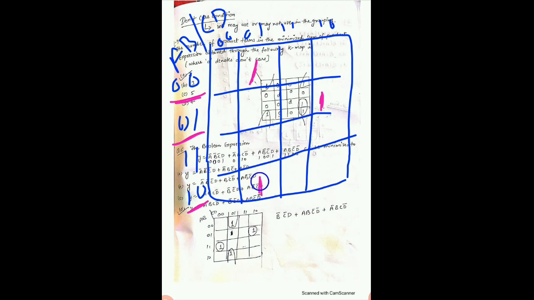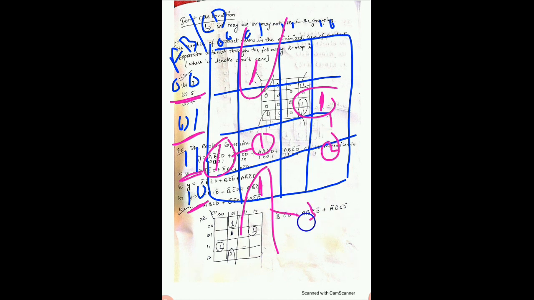Okay, now this expression is A bar B bar, and the second is C bar and D bar. So there is a one here.